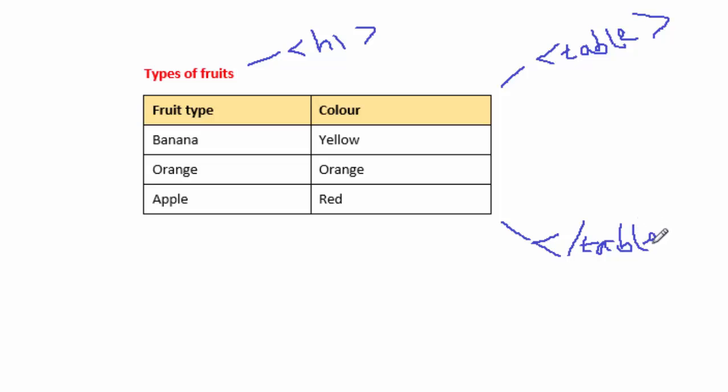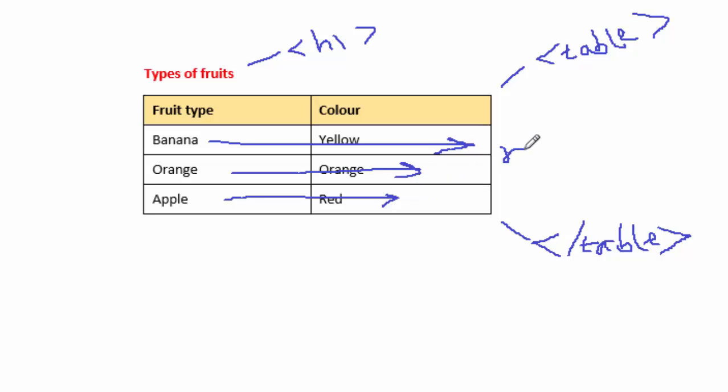Now, after doing the table tag, I will go ahead and create rows within this table. By row, I mean these structures which run from left to right, like this. We call them rows. Spelling of row is like this.